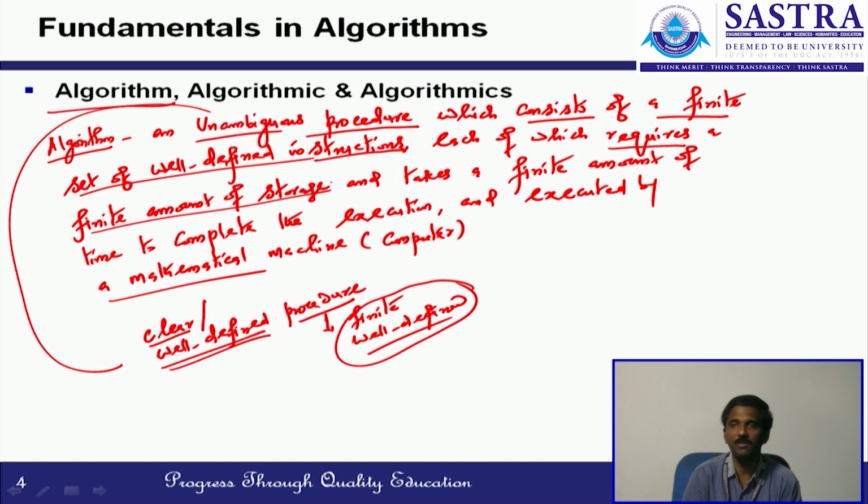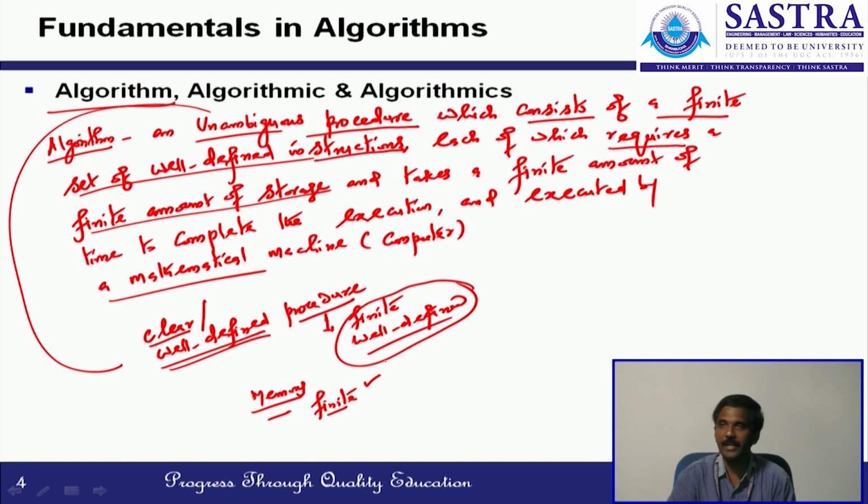When we store the variables in the system memory, we should have the corresponding storage capacity. So how much storage capacity is required? That is very important. It should be a finite amount of memory required for every instruction.